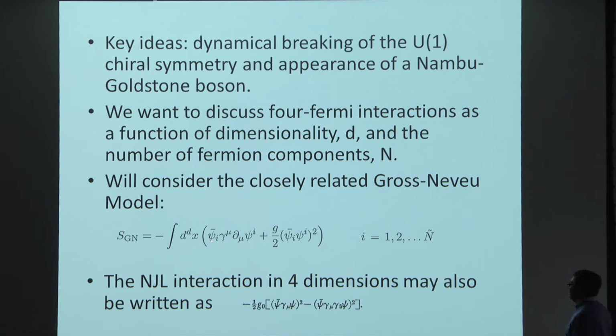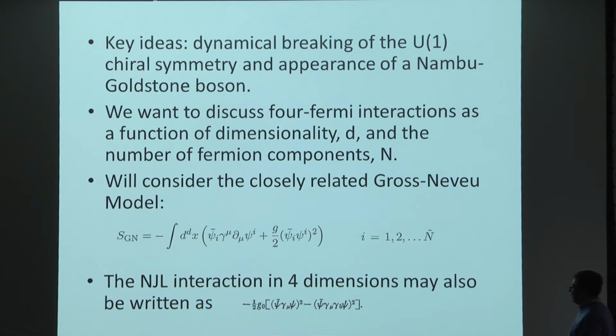Let me start by considering the closely related Gross-Neveu model, which does not have this gamma-5 interaction. Since we want to continue in dimension, gamma-5 may be scary, but I will argue that it's actually not that scary. The motivation for the GN model was to study it initially in dimension 2, where it becomes renormalizable.